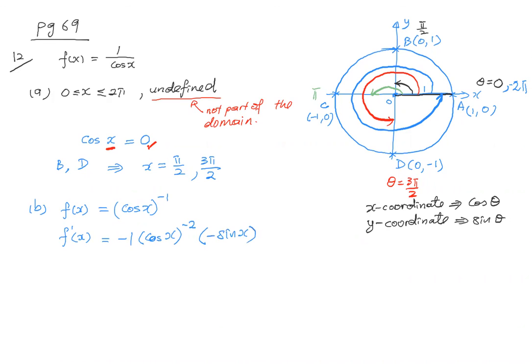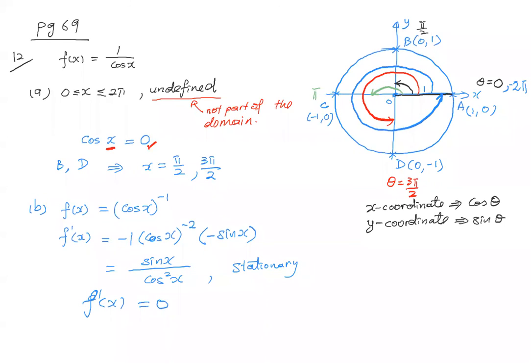Did I differentiate it correctly? Okay, so you got sin x over cos square x. So for stationary, f prime x equal to 0.